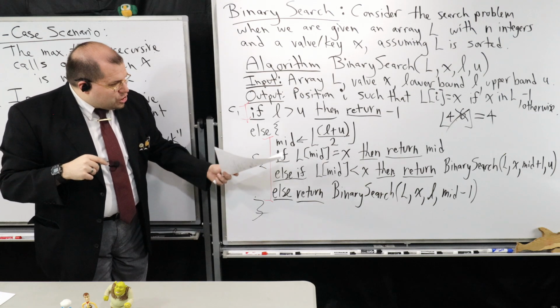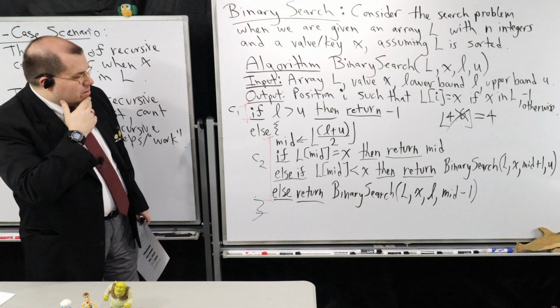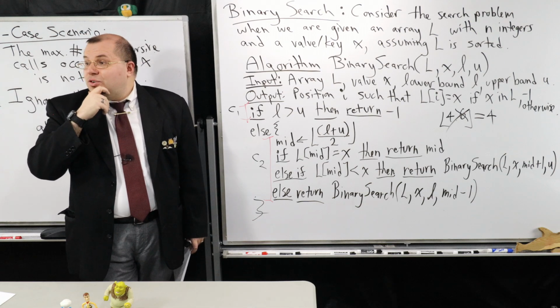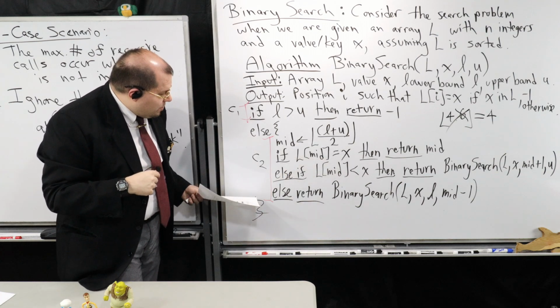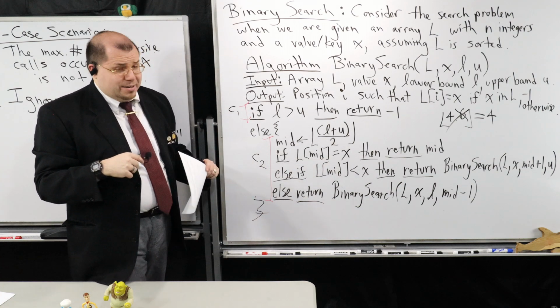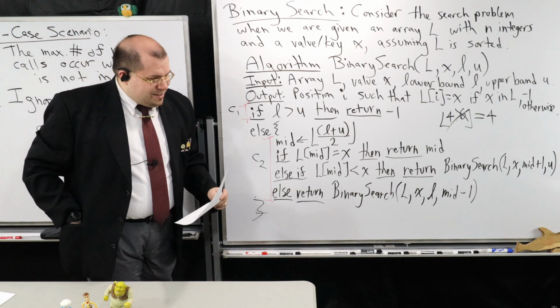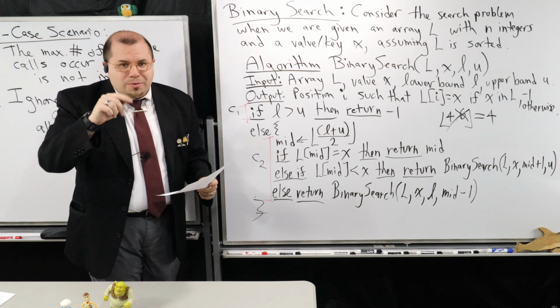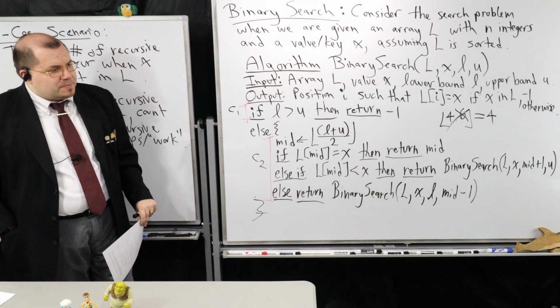It looks like there's 2 here, but how many are actually happening? There's only 1, right? Either it's going to do the else if block here, or it's going to go else if it doesn't actually find it. So keep that in mind when we do our analysis. There's only at most one recursive call that's going to happen for each one of the calls of binary search.